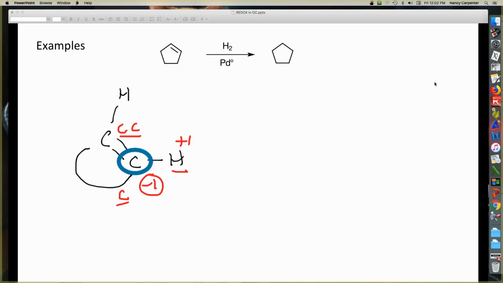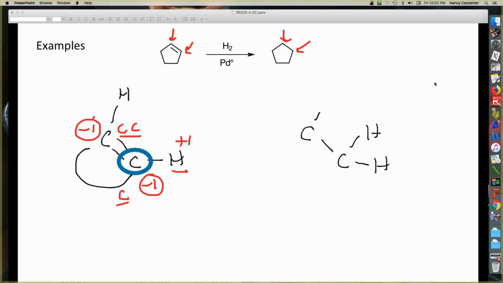And since this is symmetrical, I know that the oxidation state on the other carbon is also -1. Now why am I interested in those two carbons? Well, because that's where the change is taking place. I'm going from CH to CH2.